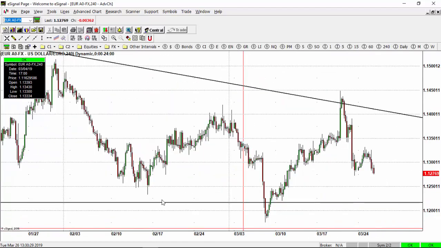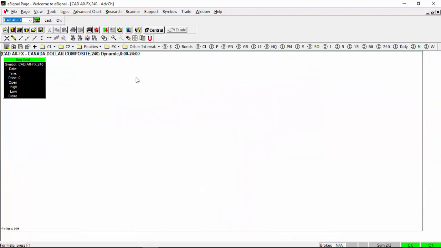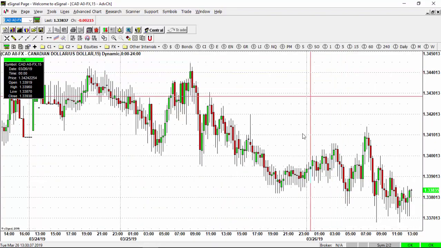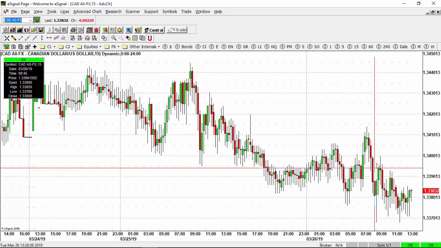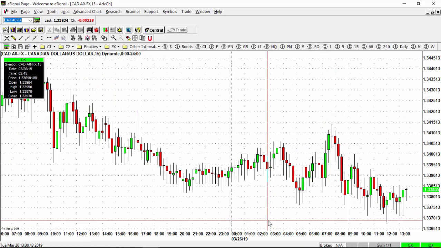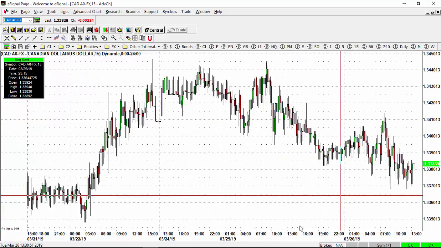Okay, the other trade that we entered this morning is the Canadian dollar. We entered at roughly 133.91. The market is currently at 133.83. So we're going to continue to watch this.